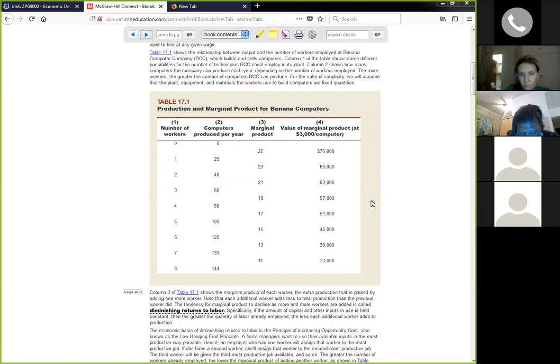If I employ the second laborer, together they will produce 48 computers, but the second laborer only produced 23. If you multiply the 23 with the 3,000, it's only 69. In other words, the second laborer only brings in 69,000 for the company, less than the first one.